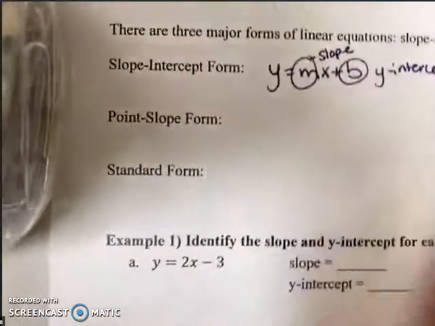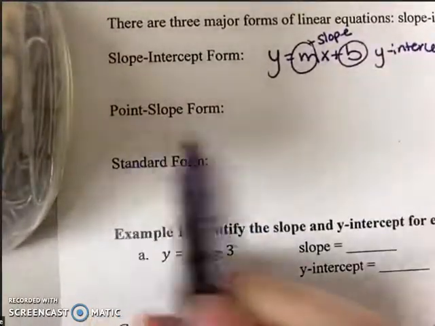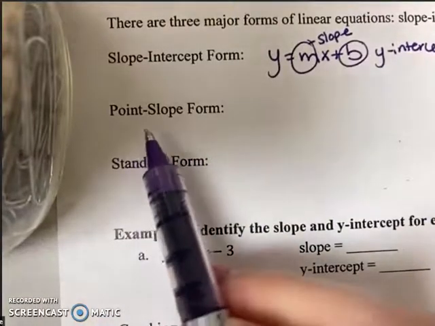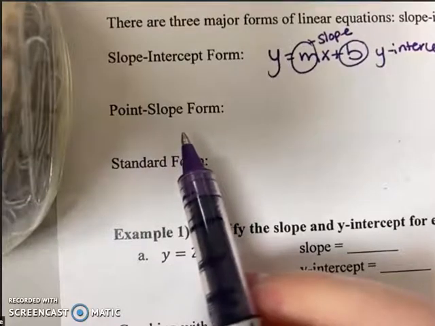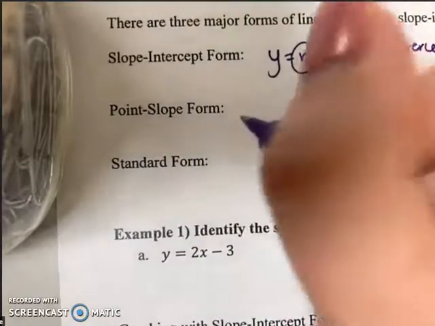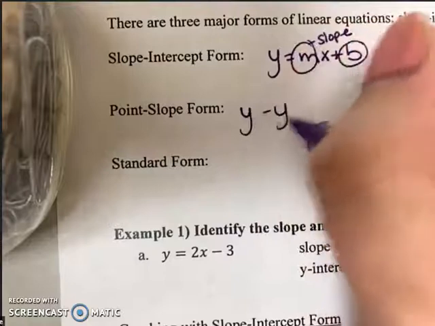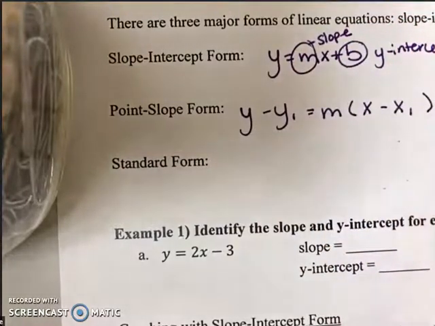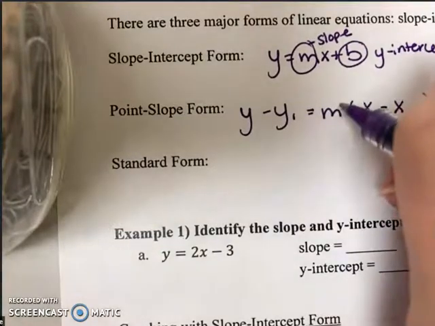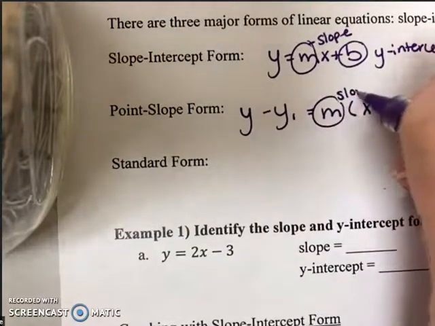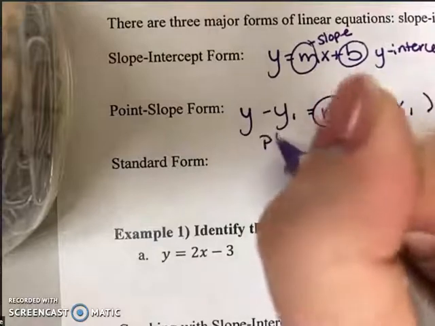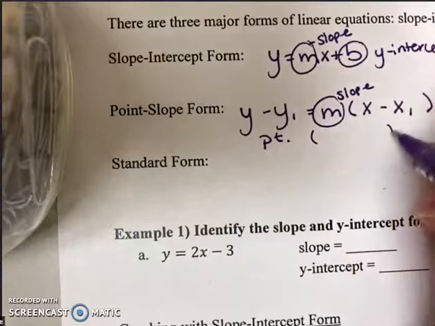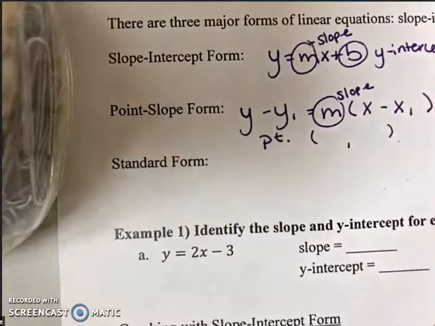All right, the next form would be point slope form. Once again, it's called point slope because it gives you a point that will lie on the graph and the slope of the graph. This form would look like y minus y1 equals m times x minus x1, where m is going to be your slope and the point that lies on the graph would be in the form x comma y.